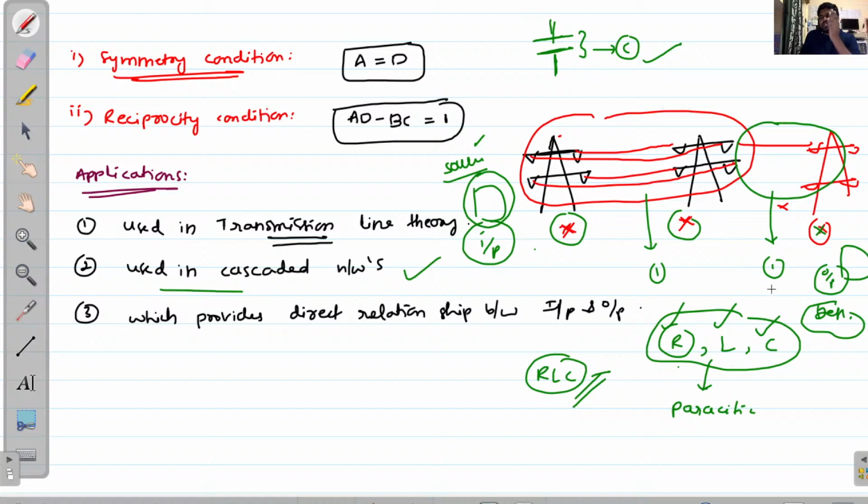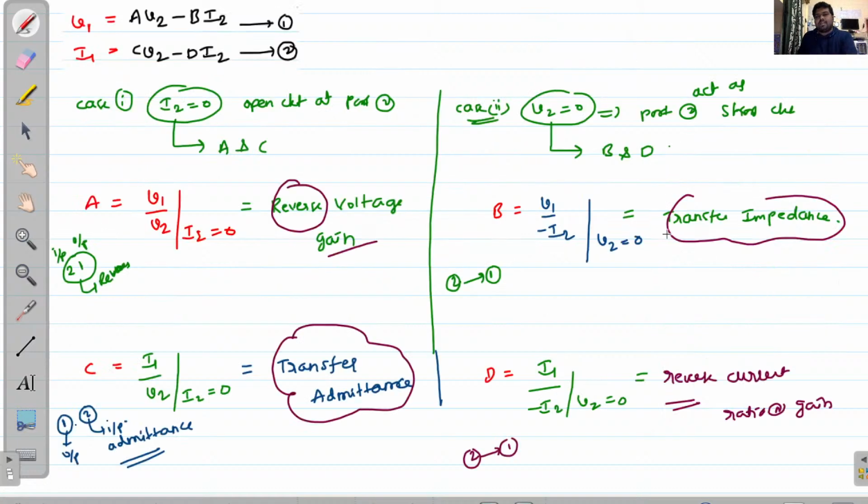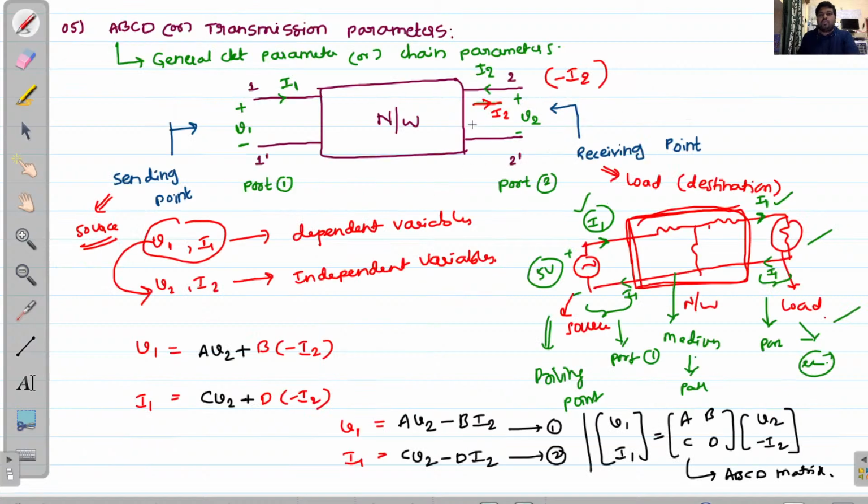That's why I'm taking the current direction in this standard two-port network model in a single direction. Based on that assumption, I'm taking minus I2 while comparing to the standard model having reverse direction, but our assumption is the forward direction, so that's why I'm taking minus I2 here.